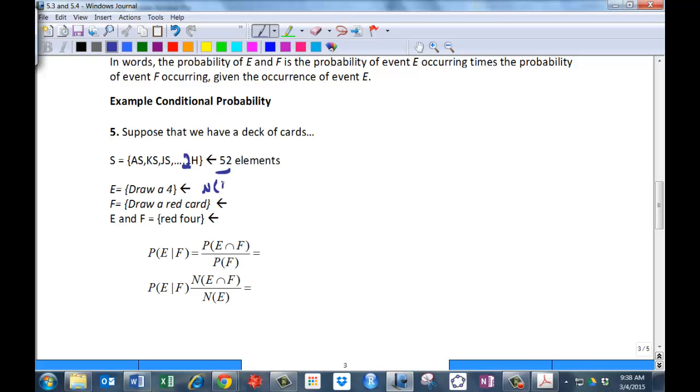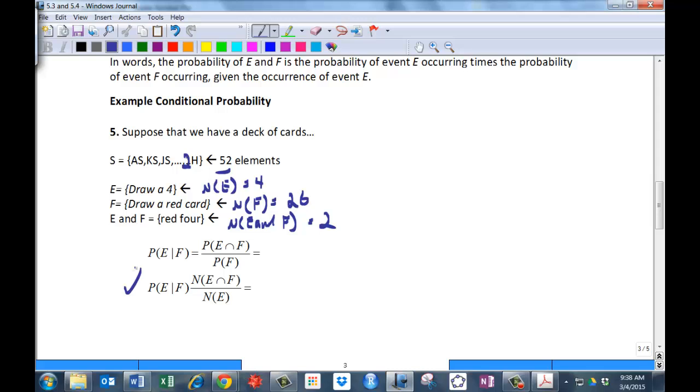Number in E. Well, there's 4 of those, right? How many red cards do we have? Number of elements in set F. Well, there's 26 of those. And E and F, red 4. This is together. So the number in E and F, there's 2 of those, 2 red 4s.